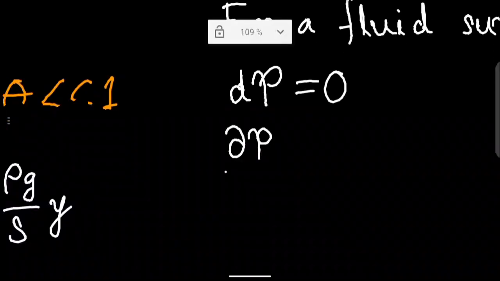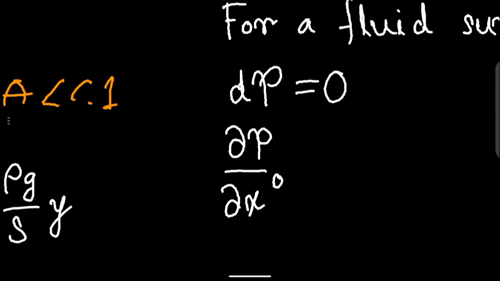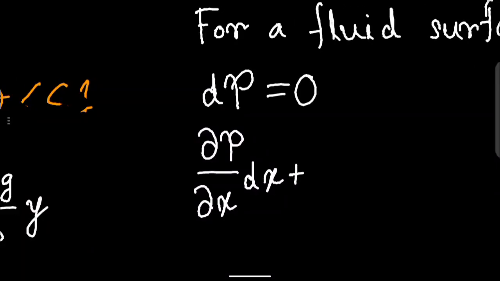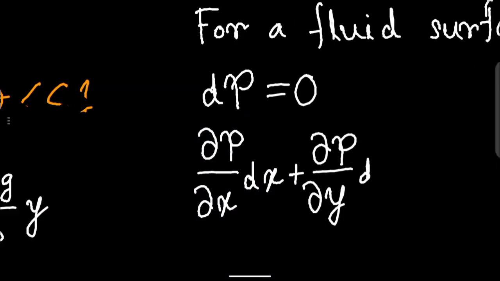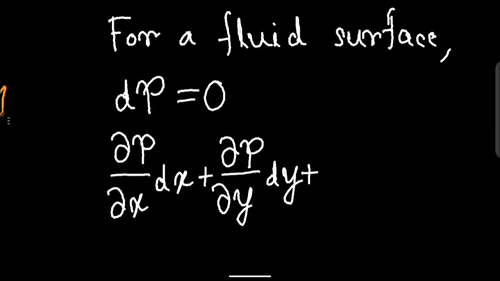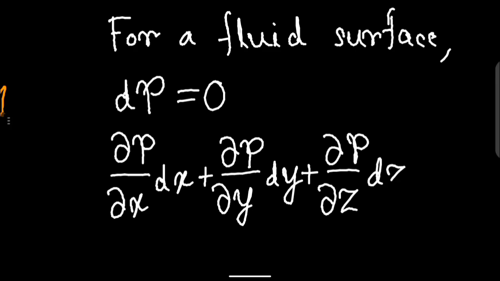So you may write del p/del x dx plus del p/del y dy plus del p/del z dz is equal to 0. If you can find del p/del x, del p/del y and del p/del z, it becomes much easier.